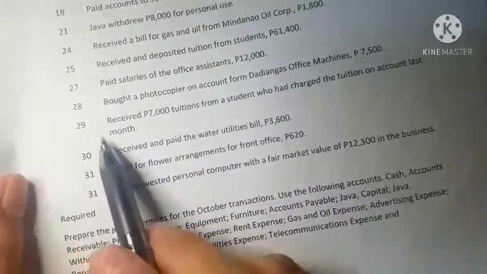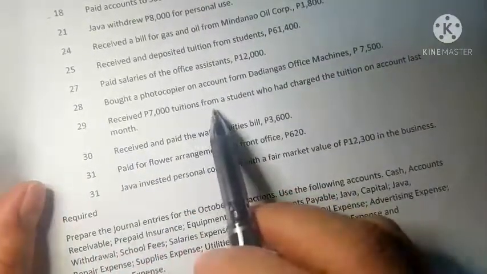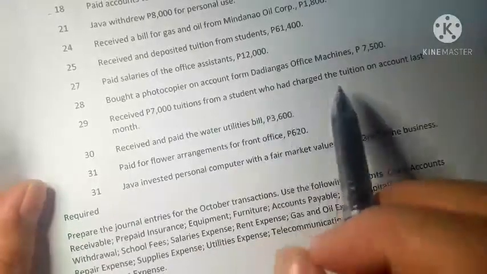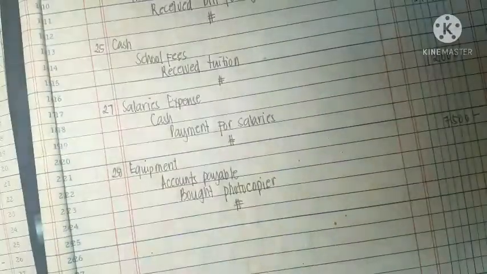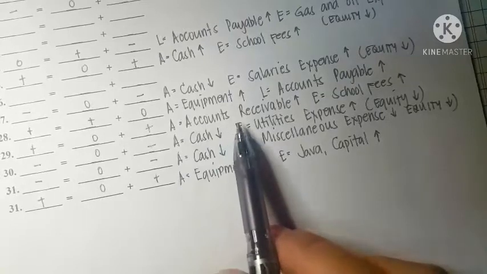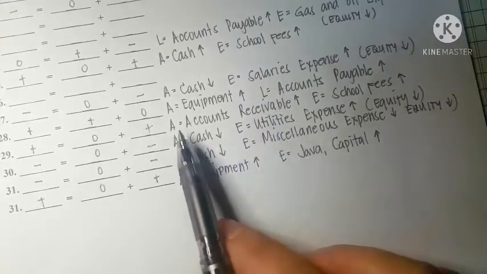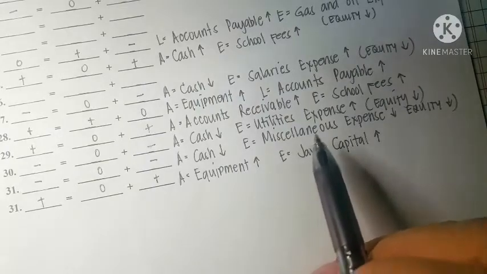Next, October 29, received 7,000 tuition from a student who had charged the tuition on account last month. So there is an increase in assets, particularly accounts receivable, and an increase in income, particularly school fees.